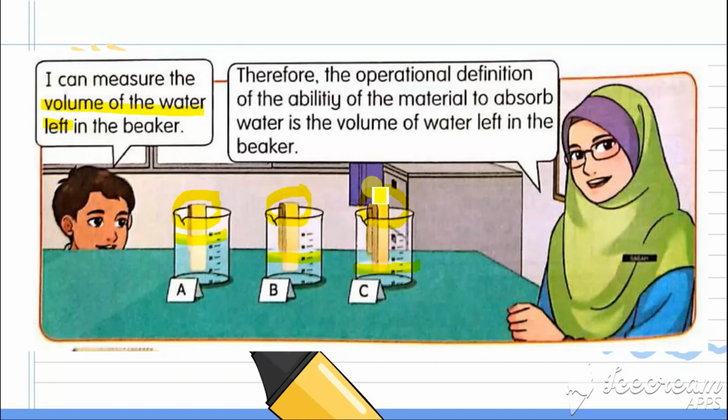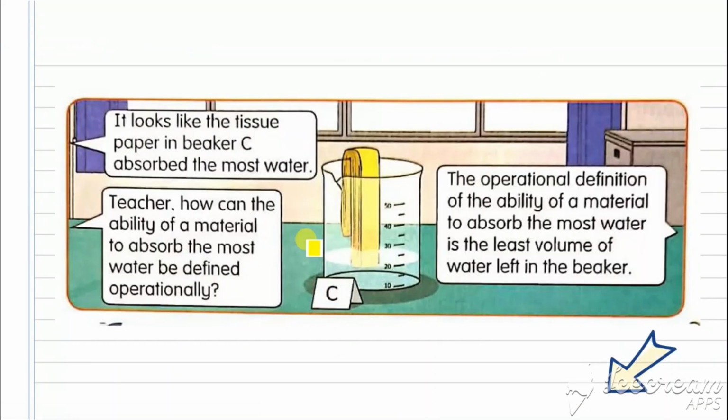So what they are stating is the ability of the material to absorb water is the volume of water left in the beaker, which means the balance water will not be absorbed by the material, while before this we have 50 ml, right? So those are the volume of water they have absorbed. Actually it's not tricky, just to understand we have to look at more, and you have to do a lot of exercise.